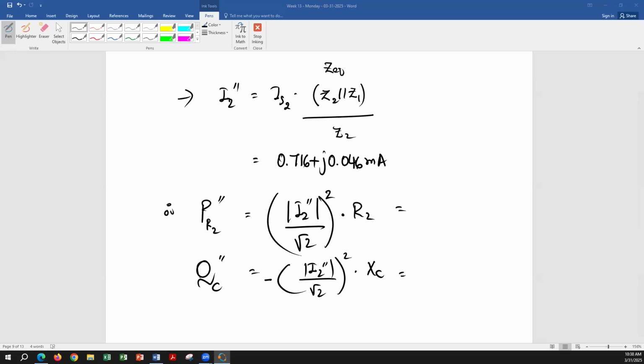So I2, what is that? Double prime, right? Oh, mistake over here. Call it I2 double prime, same thing. Let me correct it just to make sure that I'm consistent.